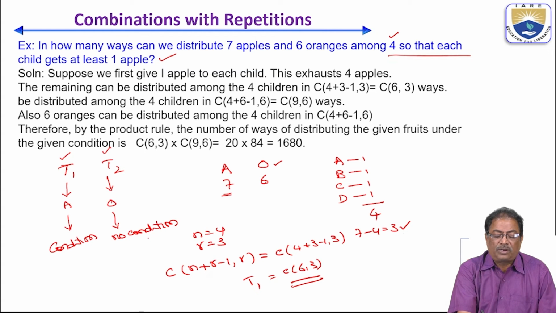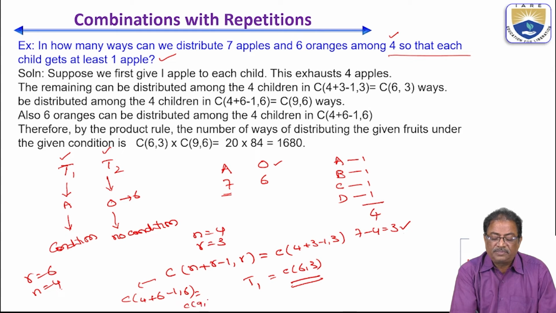How many oranges are there? 6 oranges. So here r is equal to 6 and n is equal to 4. The same thing: n plus r minus 1 C r, so 4 plus 6 minus 1 C 6. So it is 9C6. C of 9, 6. This is T2.